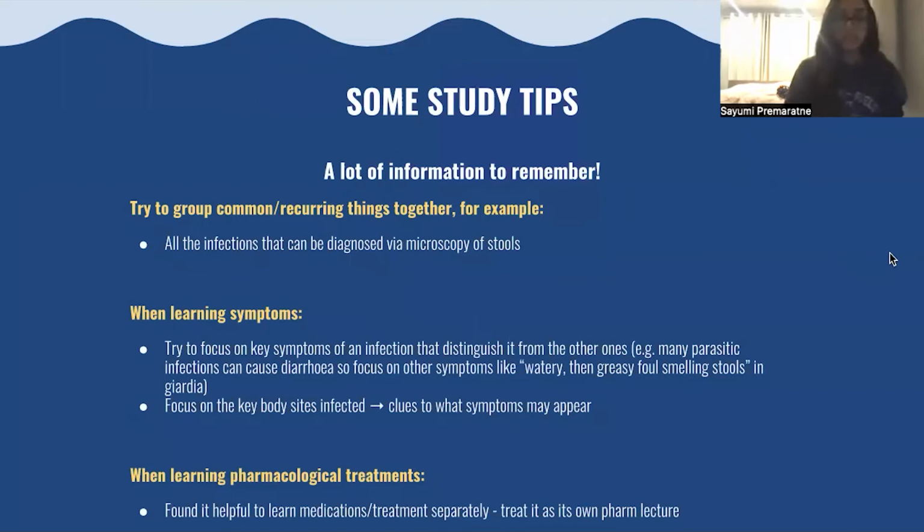And another thing is when you're learning the symptoms, try to focus on the ones that distinguish an infection from other ones. So don't really focus on diarrhea, because a lot of parasitic infections will cause diarrhea, but you would want to focus on something very specific, like in Giardia, you have greasy, foul-smelling stools for that infection, and also focusing on the body site that is being specifically infected will help, because that can give you a lot of clues as to what symptoms you're going to see.